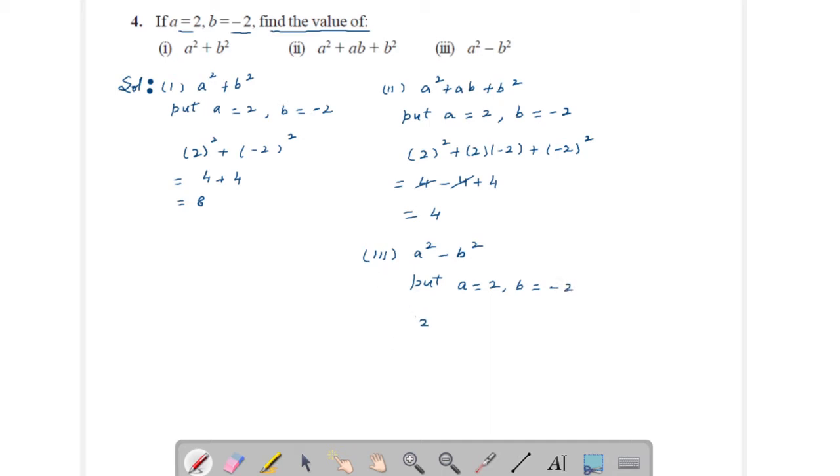What will you get? 2 square minus minus 2 whole square. Now solve this. 2 square means 4 minus, minus 2 square means 4. 4 minus 4, it is 0. This is your answer.